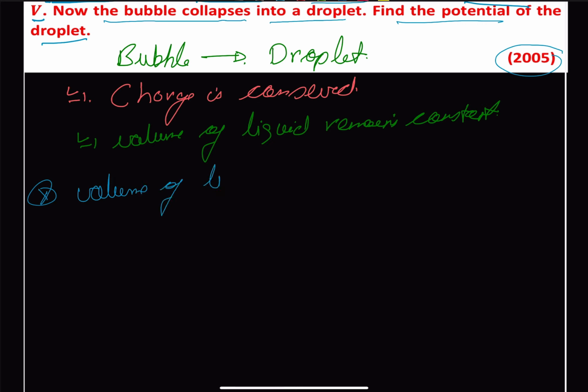Volume of liquid in the bubble, let us call that V liquid, will be equal to the surface area multiplied by thickness.